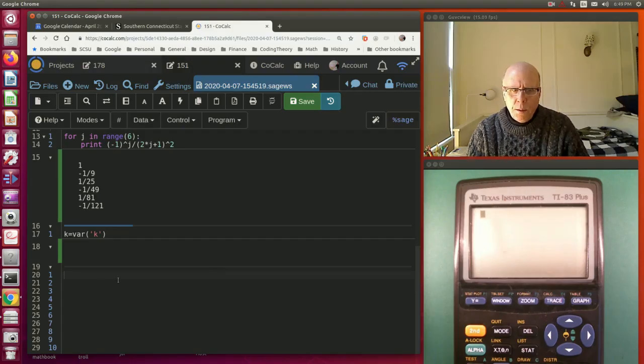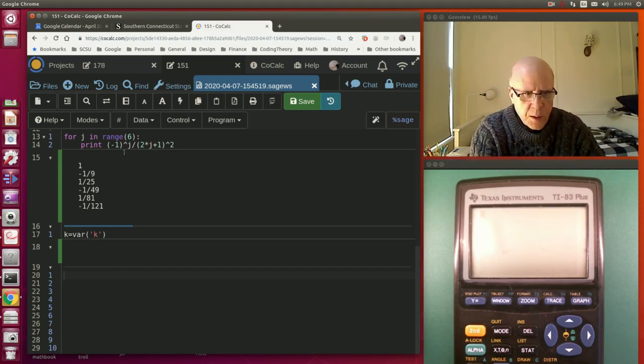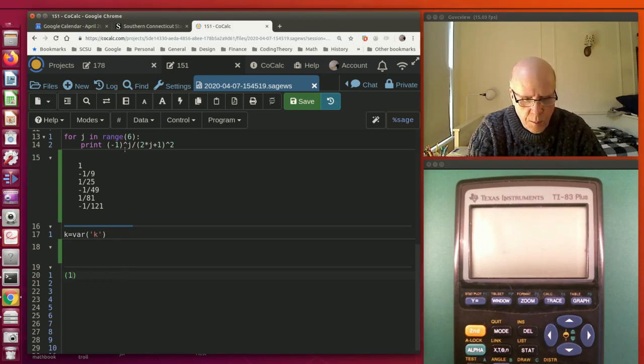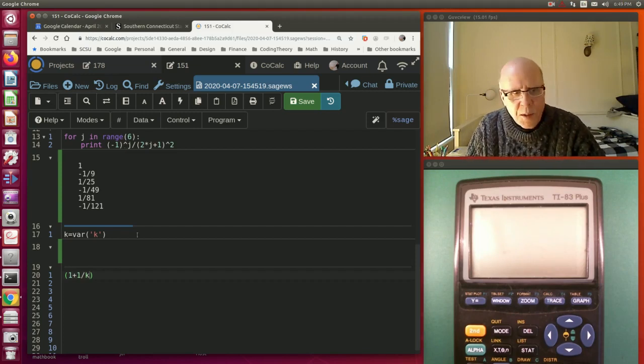So we just saw that when we figured out the ratio of the k plus first term to the kth term, and looked at that as k goes to infinity, we ended up with something that looked like this. It was 1 plus 1 over the variable. I'm going to use k. That's what I just did up here.